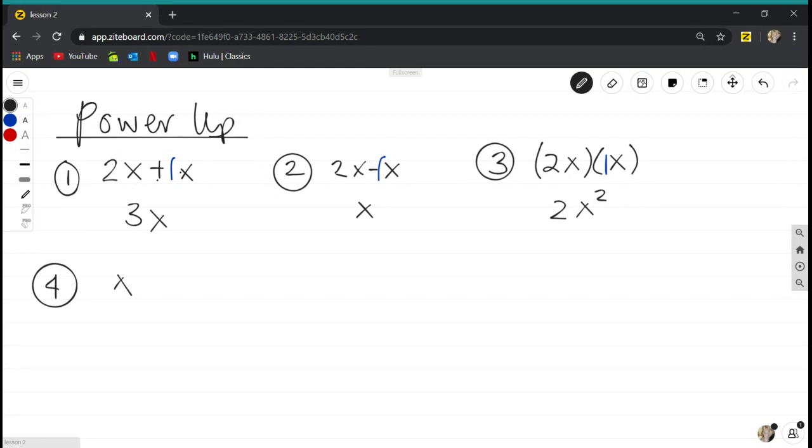Okay, there are a little bit of rules about polynomials. So it's x squared divided by x. When it is a fraction like this, when polynomials are in a fraction, then you subtract.